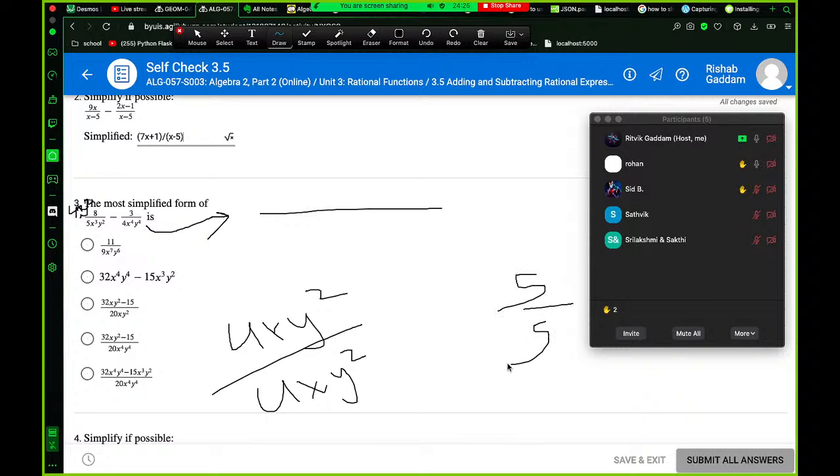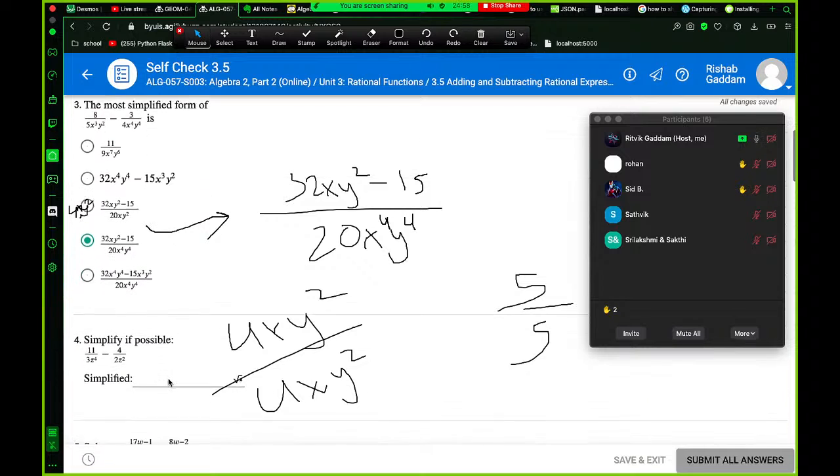Simplify this, we get 32xy squared minus 15 over 20x to the fourth y to the fourth. Okay, good job. I'm pretty sure you can't simplify that any further either.